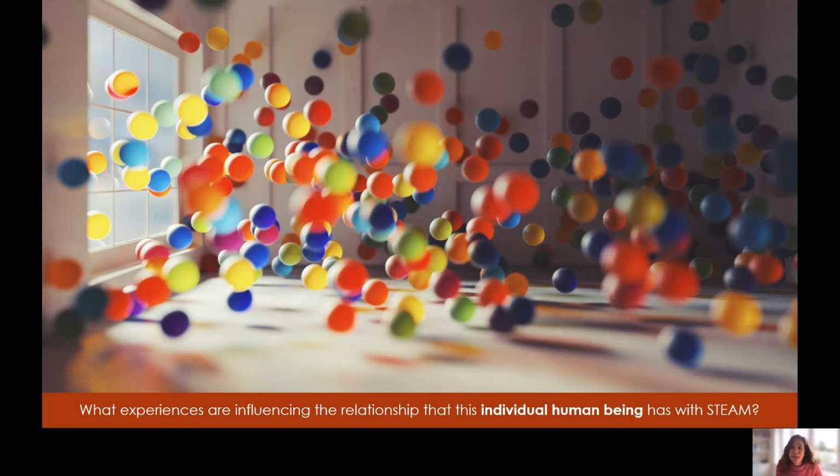What experiences have they had of STEAM, not just as a teacher, but as a learner themselves on their own lifelong educational journey? What experiences have they had of STEAM as a human being living in 2022 with all the opportunities and challenges that that brings? And what relationships have they developed with each of the principles that underpin STEAM?